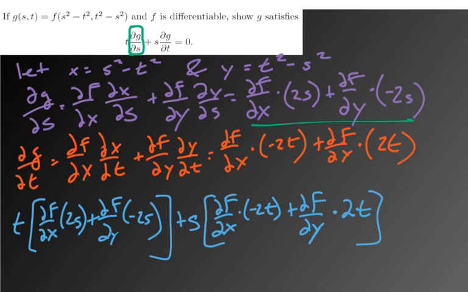And then if you look at what we got here, we have minus 2st, really, times partial of f with respect to y. And then we have 2st times partial of f with respect to y. So those cancel, right? And then likewise for the other terms, they cancel. So all that stuff is canceling out, and it's getting 0. So this shows that this function g satisfies this weird differential equation.